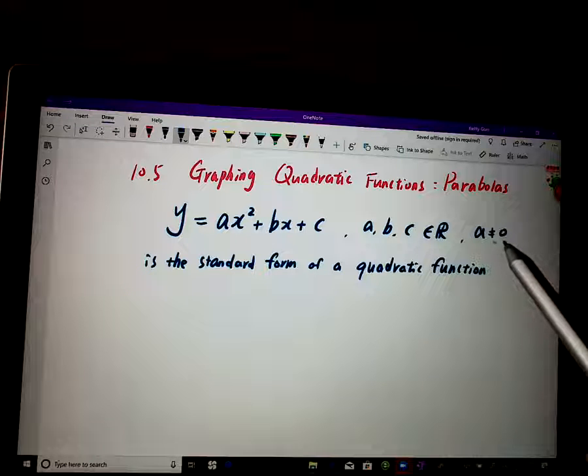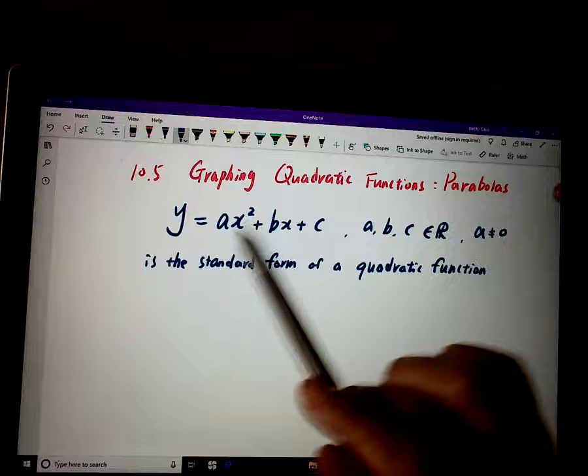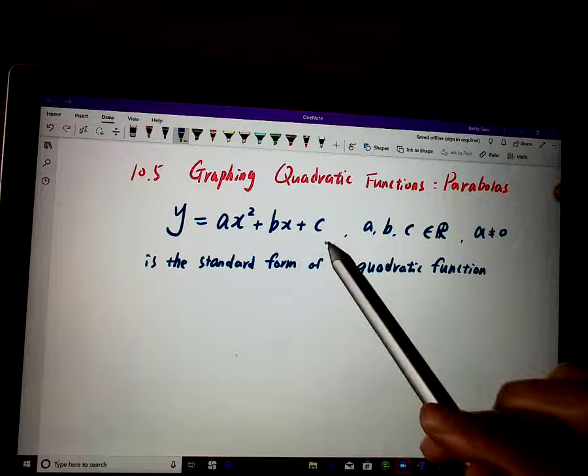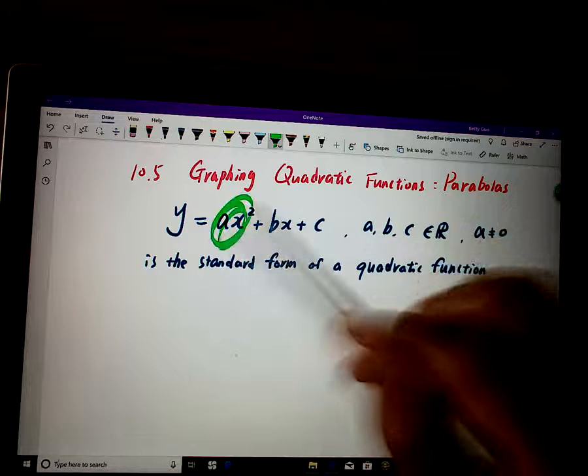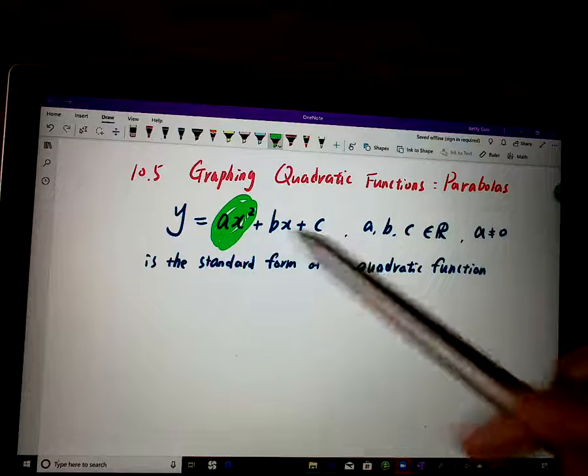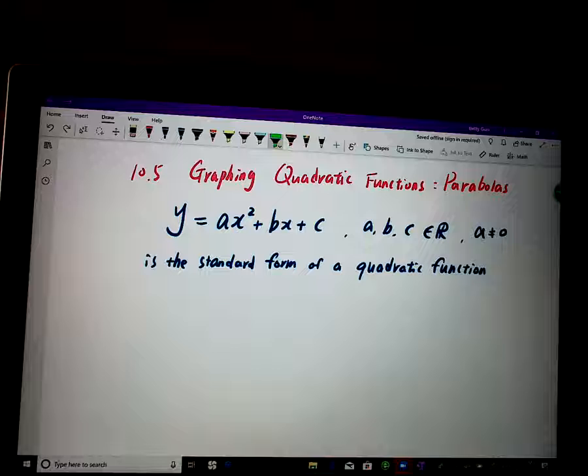And A here, the leading coefficient, must be non-zero. Think about it: if A equals 0, then we don't have this term anymore, and the equation becomes a linear equation. We have y equals bx plus c. That's a straight line, right? But we are talking about quadratic functions, so the leading coefficient a must be a non-zero constant.